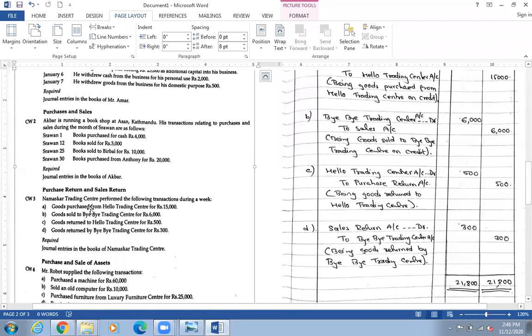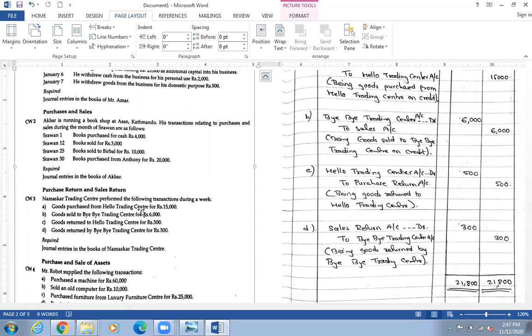Then, goods purchased from Hello Trading Center. Again here we can see there is no cash mentioned. Goods purchase, goods sold, goods return, purchase, sold, sales return. So what shall we do?